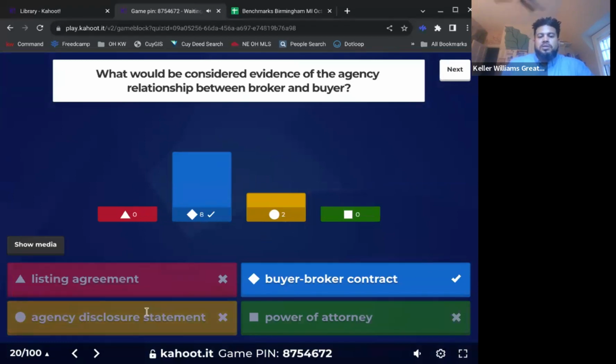So agency disclosure statement is just letting it, I understand why you would say that would be evidence of agency, but the evidence of the relationship is the agreement between the broker and the agent. The disclosure is just a disclosure statement saying who the agent works for, and it has to be signed prior to making an offer.